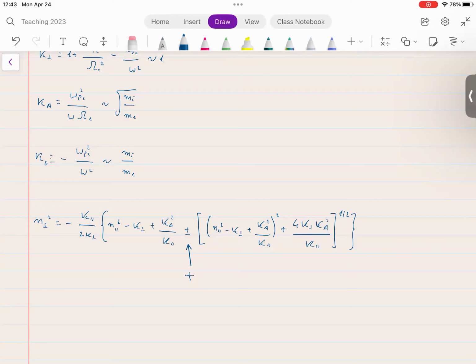Okay, then we need to keep in mind that k parallel is negative. And we look at this thing, so the factor in front is positive.